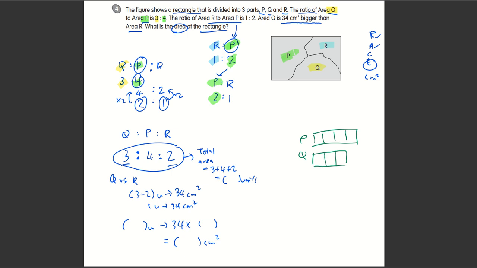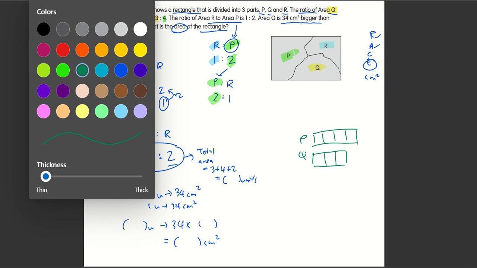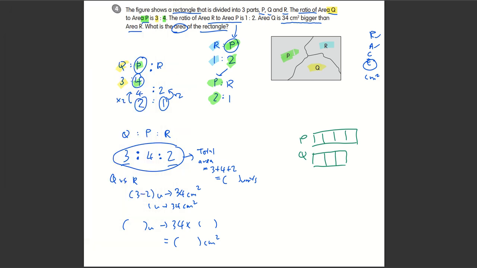So in this case, then we go to R. R to P is 1:2. So you can see that's where R is half of what P is. I cut it up, and it put me into the equivalent ratio.